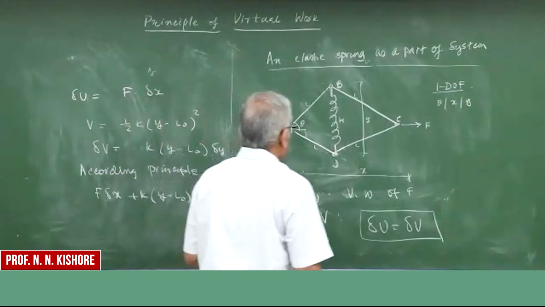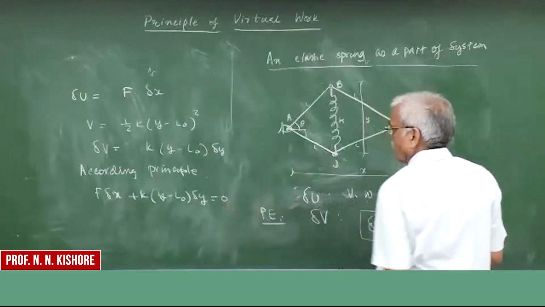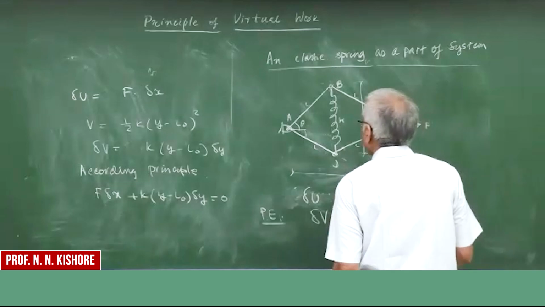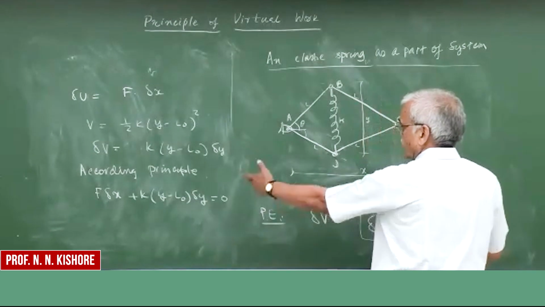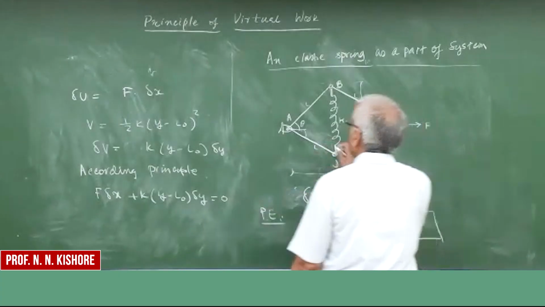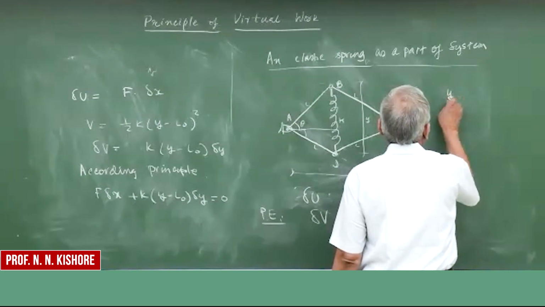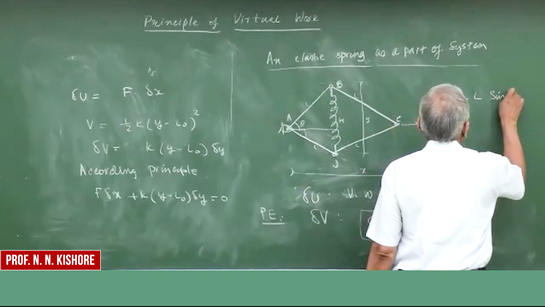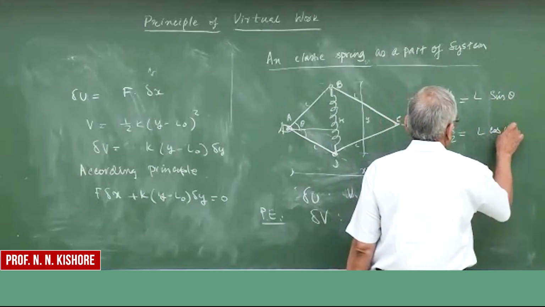Okay, so quickly you know how to do it. You have to convert one of them into the other, or we can even convert everything into one variable. So for example, if this is L, we know that Y by 2 is L times sine theta, and X by 2 is L cos theta, right?